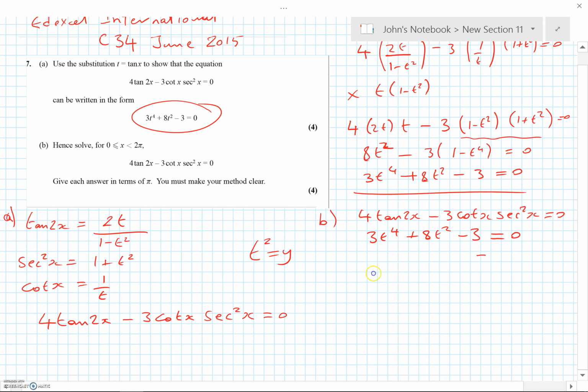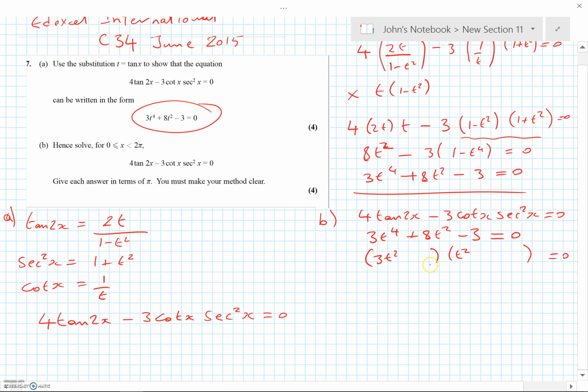Solve for y and go from there. I'm not going to do that. I can be quite stubborn sometimes, it seems a little bit childish, but you can.